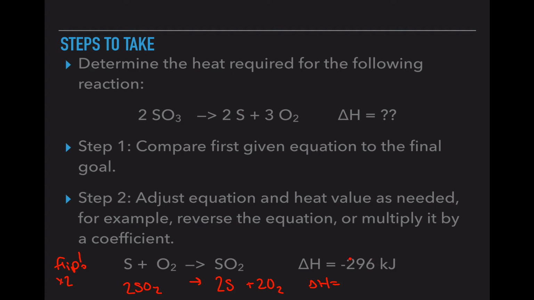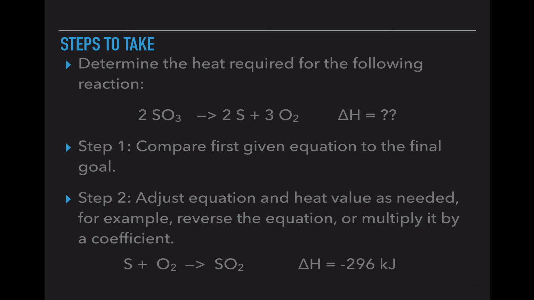So instead of negative 296, it's going to be positive 296, and it's going to be multiplied by 2. So it's going to be 592 kilojoules. So that's the first 2 steps. Compare the first given equation to the final goal, adjust the equation as needed, and then adjust the delta H as needed.